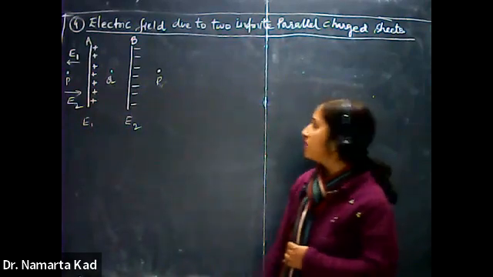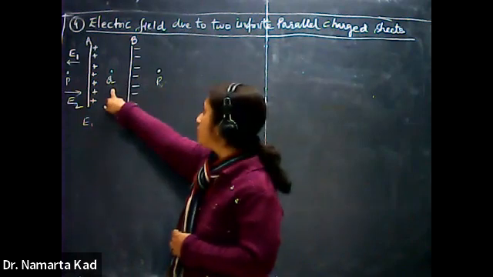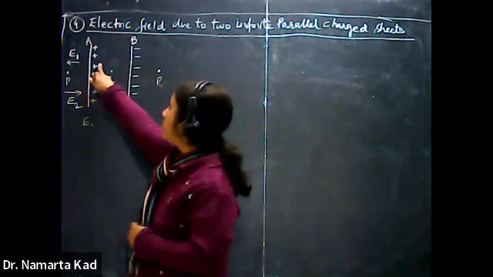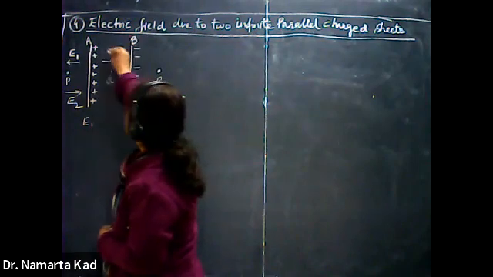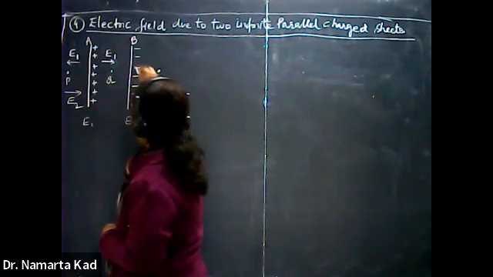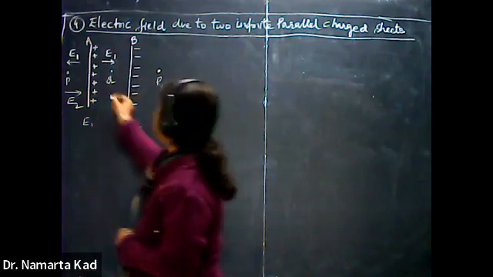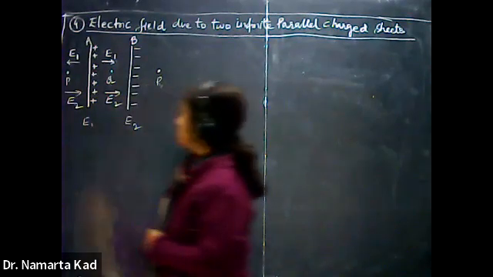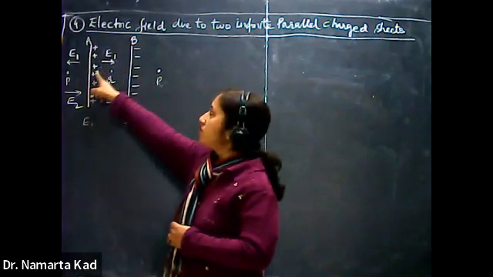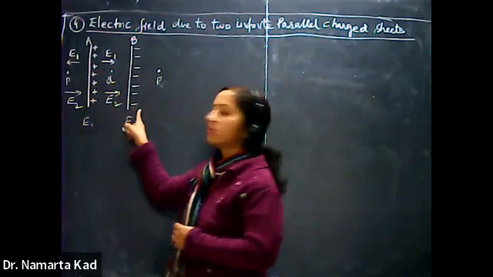Similarly, at point Q, for the positive charge the field is away from the positive charge, and towards the negative charge. E1 is for the positive charge and E2 is for the negative charge.